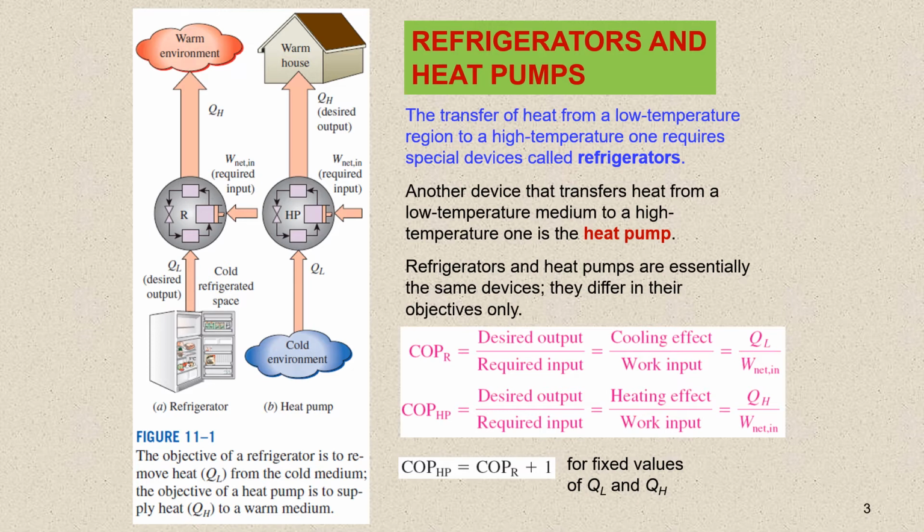A refrigerator is shown schematically in figure 11-1a here, where Q sub L is the magnitude of the heat removed from the refrigerated space at temperature T sub L, Q sub H is the magnitude of the heat rejected to the warm space at temperature T sub H, and W net in is the net work input to the refrigerator.